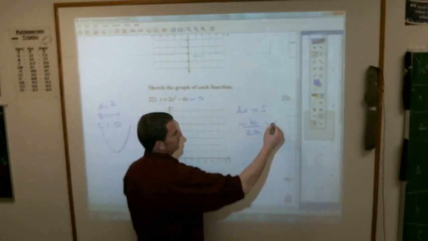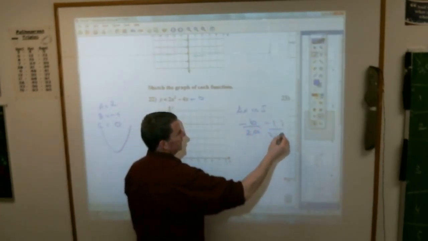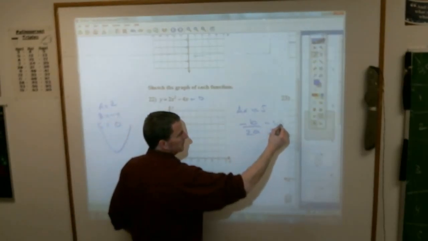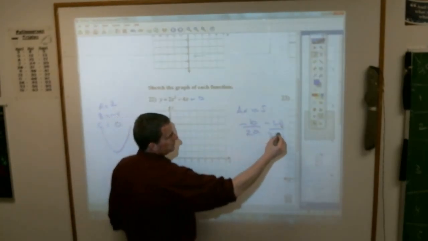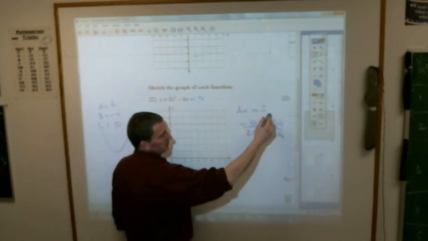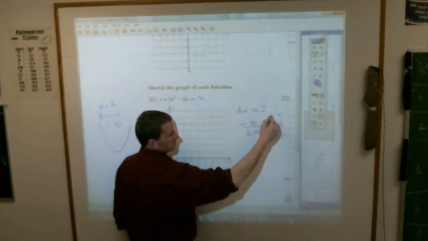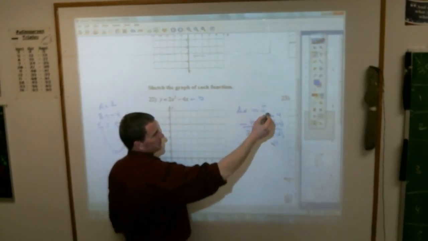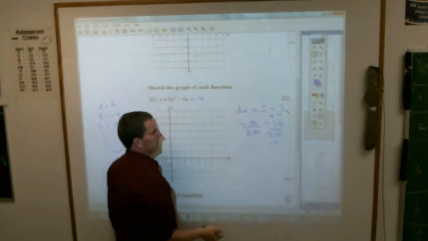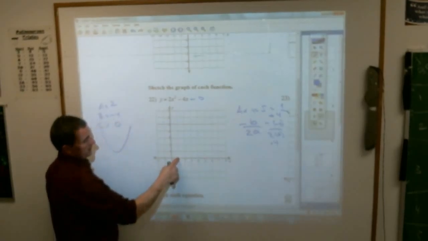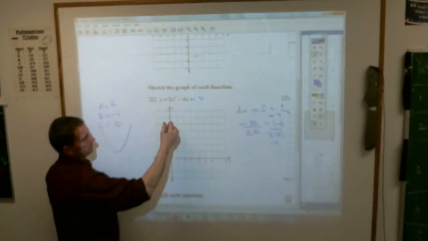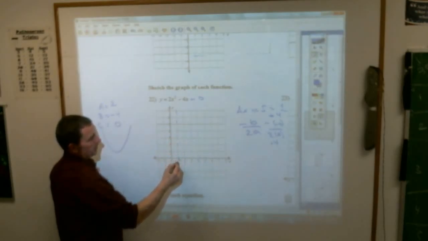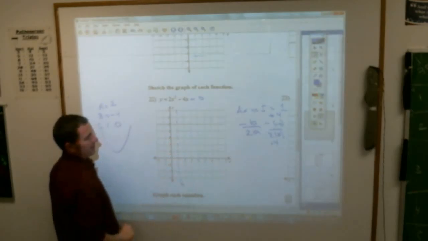Negative b over 2a. b is negative 4, a is 2, so you end up with a positive 4 over a positive 4. So the axis of symmetry is at 1. Right here at 1. I hope that's right.